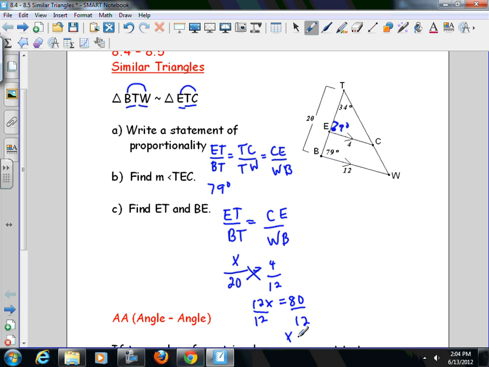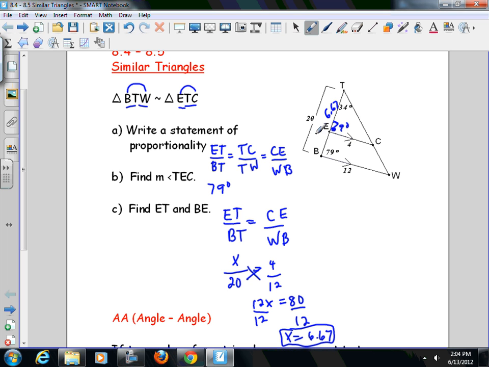So I end up with 80 divided by 12. Let's round it to the nearest tenth. Or not nearest tenth, let's round it to the nearest hundredth, I'm sorry. That gives me 6.67. So ET we'll say is 6.67.